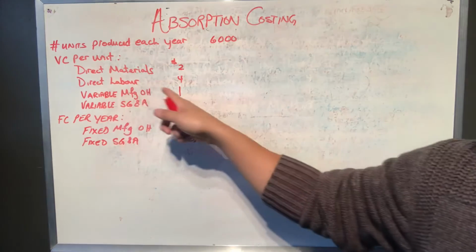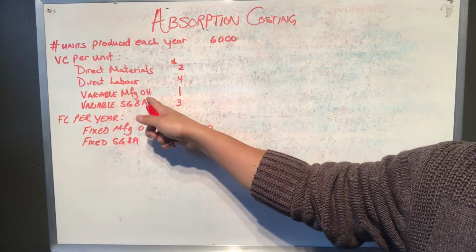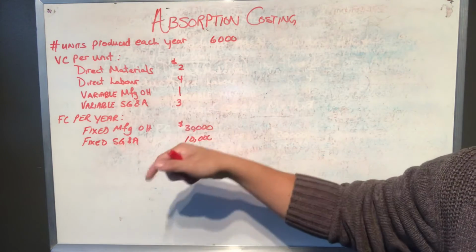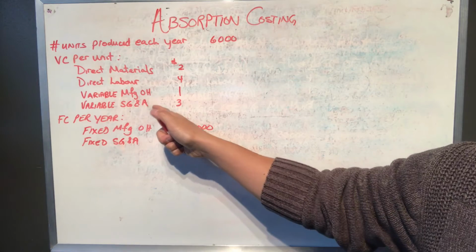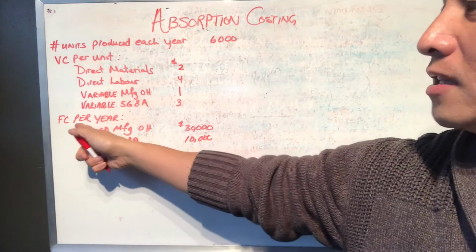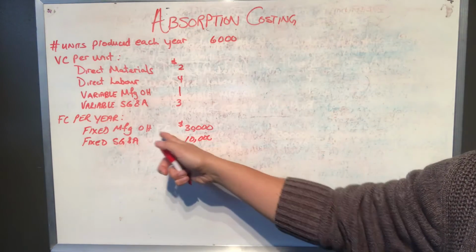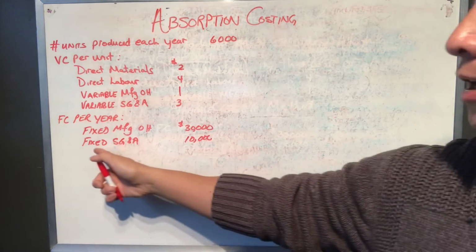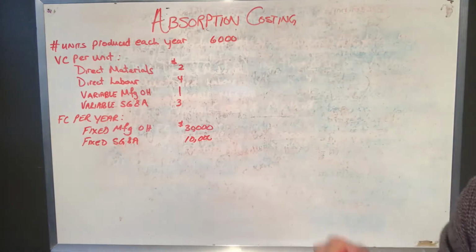Direct labor is $4. Variable manufacturing overhead is $1. And variable selling, general, and administrative costs are $3. Now, fixed costs per year: fixed manufacturing overhead is $30,000 and fixed selling, general, and administrative cost is $10,000.